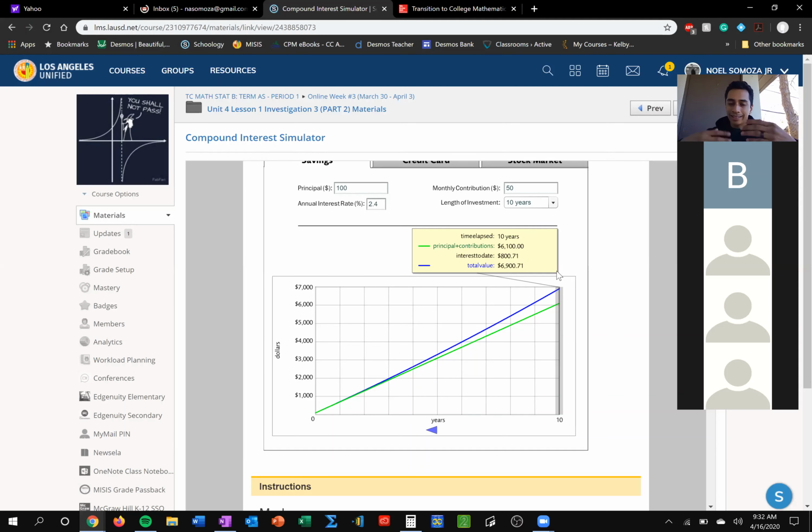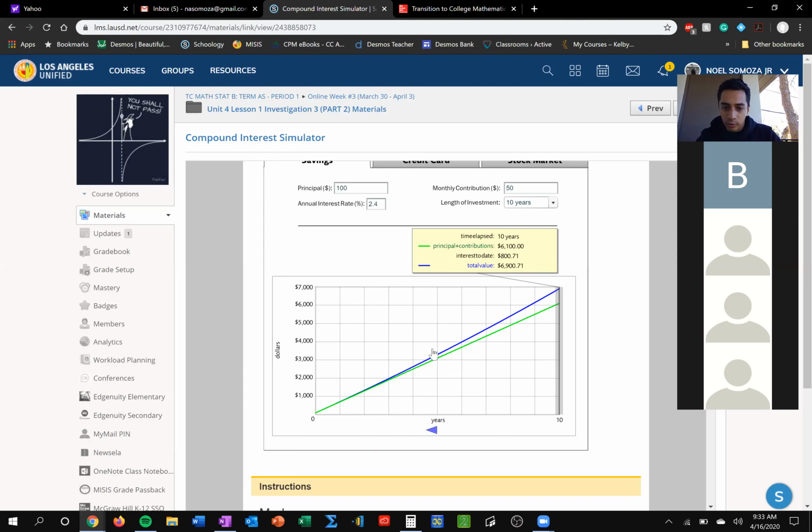But in that period of time, notice how the interest rate was working in your advantage. 2.4% on your monthly contributions was adding on to your account. So the interest to date, meaning up until those 10 years, is $871 of interest earned. When you add it all together, that shows you your blue line.